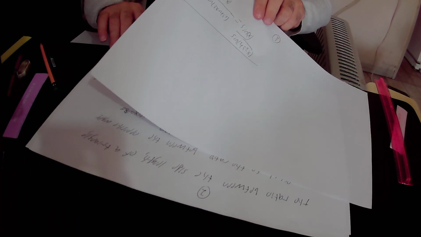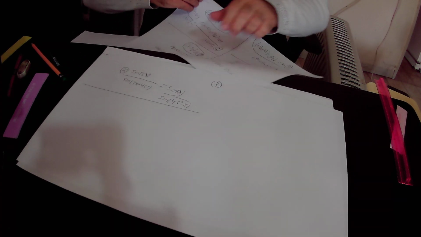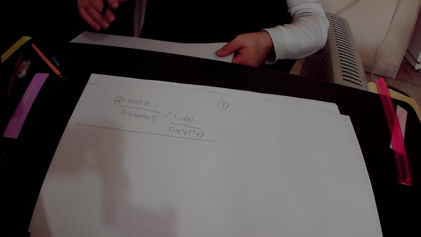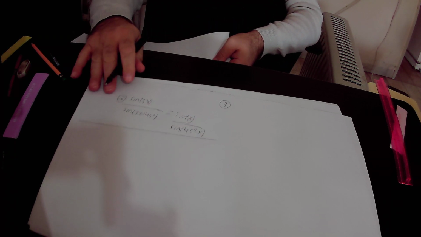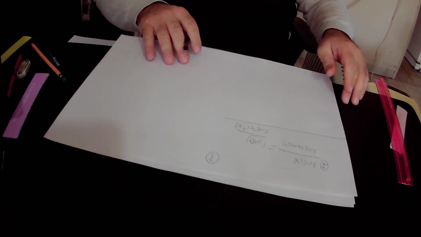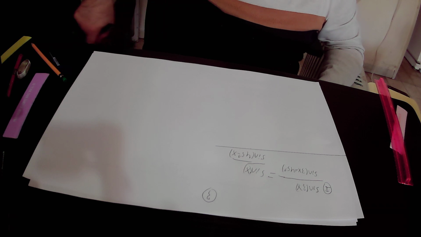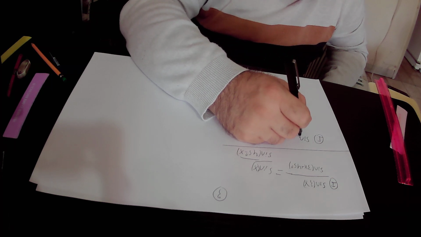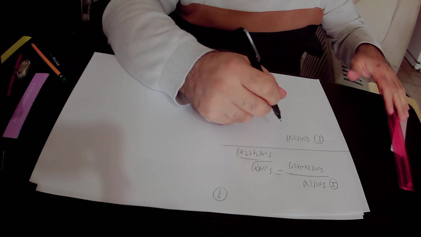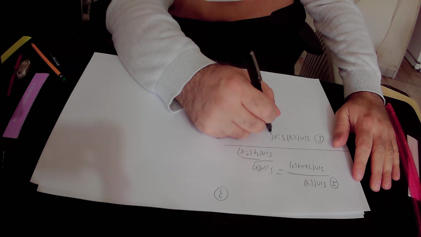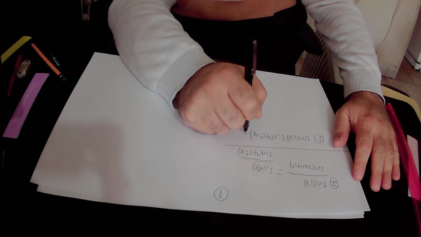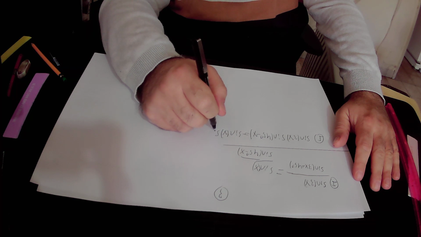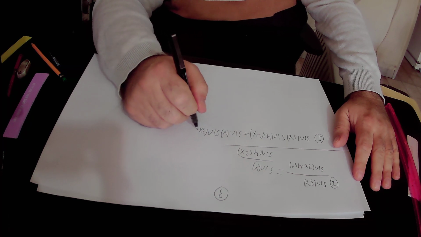So here we will first multiply this equation number 1, and we will get that according to equation number 1, sine 3x times sine 45 degrees minus x equals sine x times sine 3x plus 45 degrees.